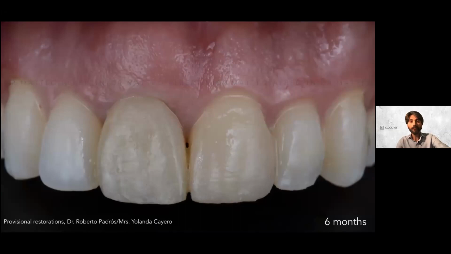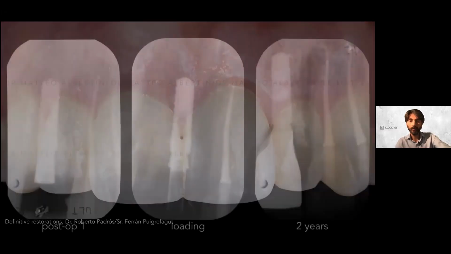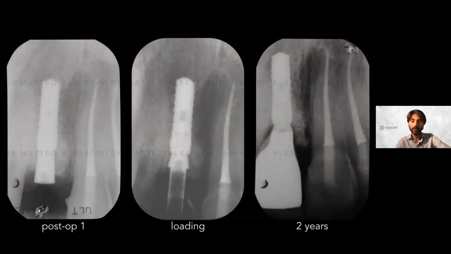And then we start the provisionalization. And finally, we restore the case. And here we have the 2-year radiographic follow-up.